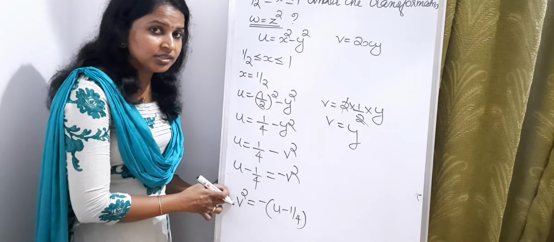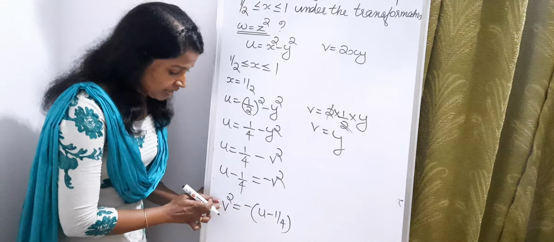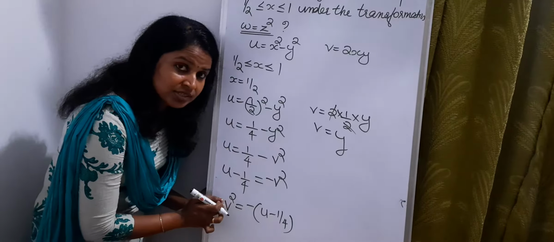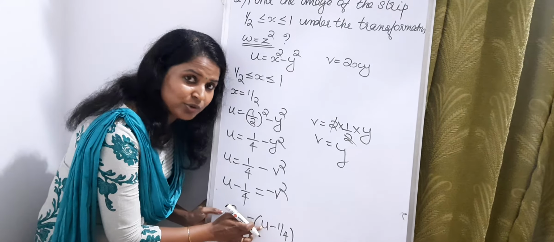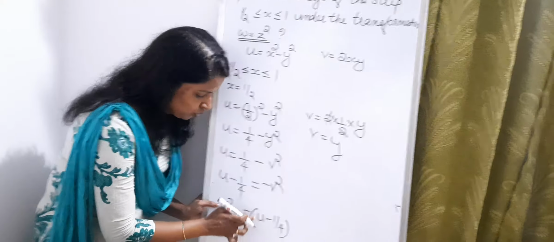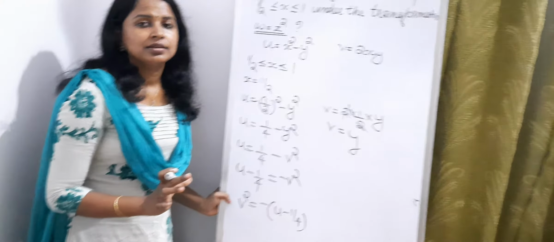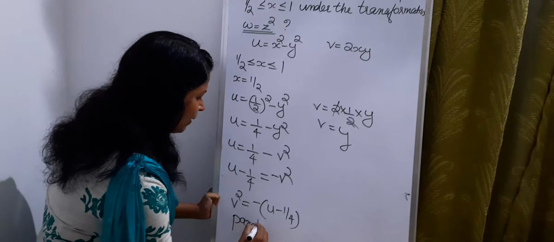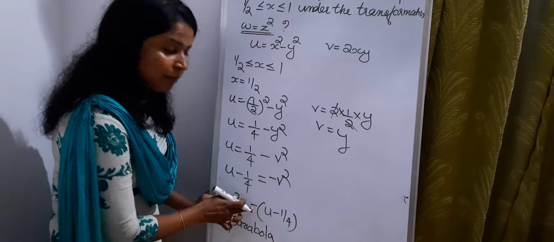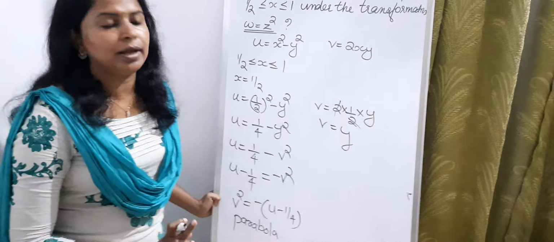This equation represents a parabola, because one variable is squared and the other is not. The minus sign shows a left-handed parabola.